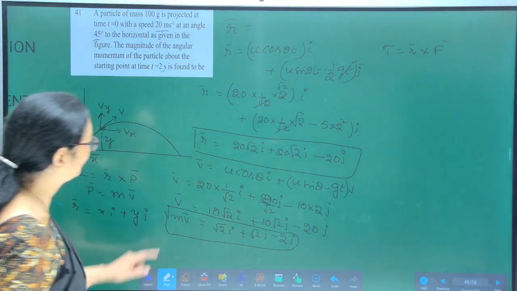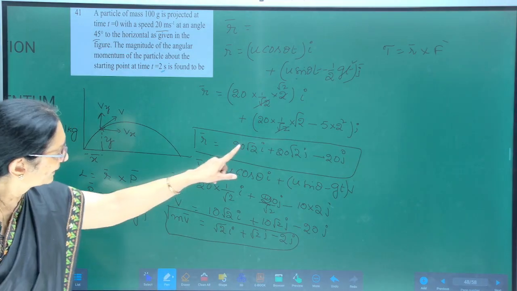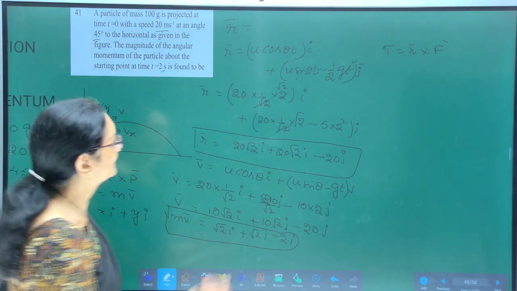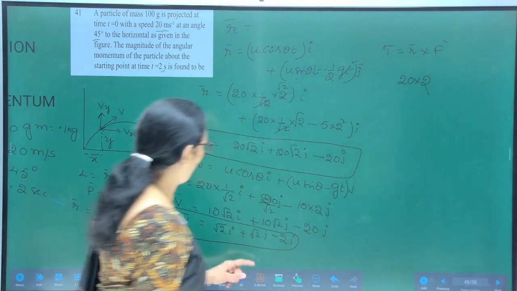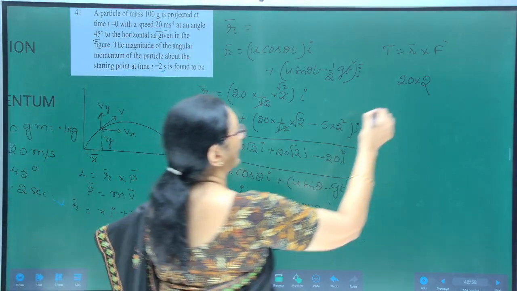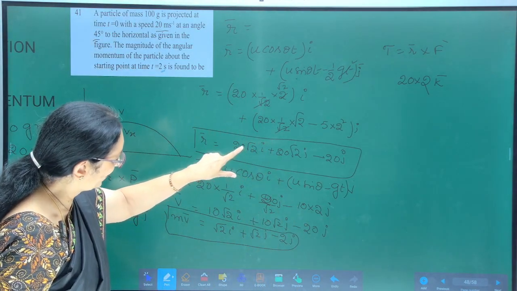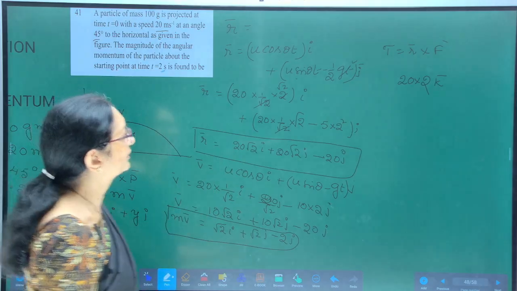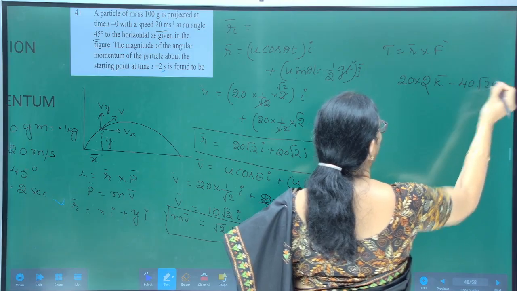So here we have to do it very, very carefully. So i cross i is 0. Then i cross j: 20 root 2 into root 2, that is 20 into 2. I cross j is k bar. So next one, 20 root 2 i, minus 2 j: i cross j is k, so minus 40 root 2. So this is minus 40 root 2 k bar.